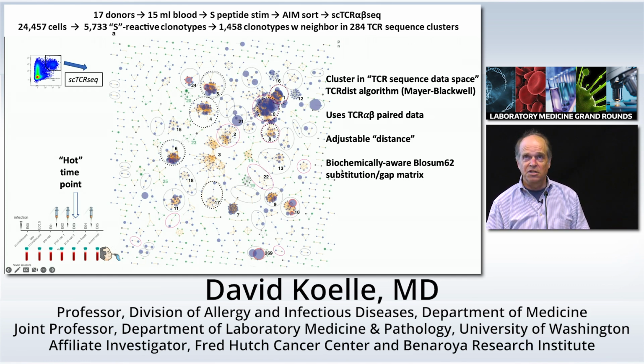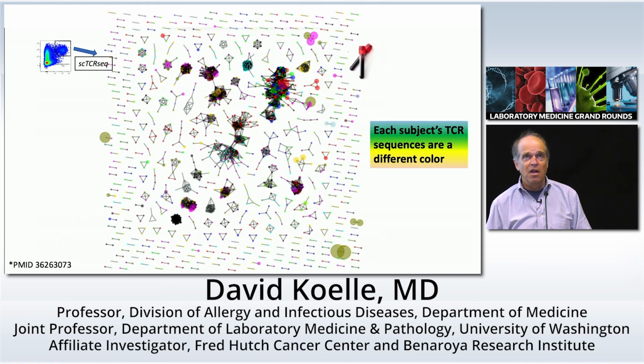And it uses this BLOSUM62 matrix, which many of you know probably better than me, which gives gap and substitution penalties that are biochemically aware. But you can also tune the matrix as you want. So when we start playing around here and putting different people as different colors, we see a lot of these clusters contain components from different humans. So they're populated by T cells from multiple people.